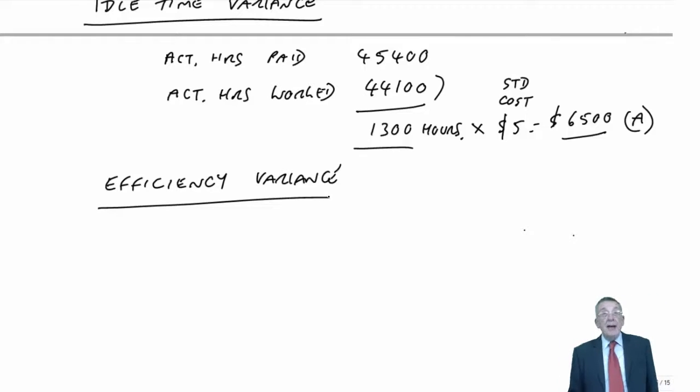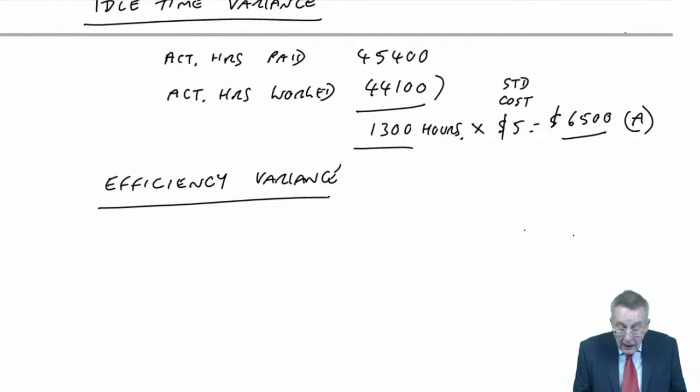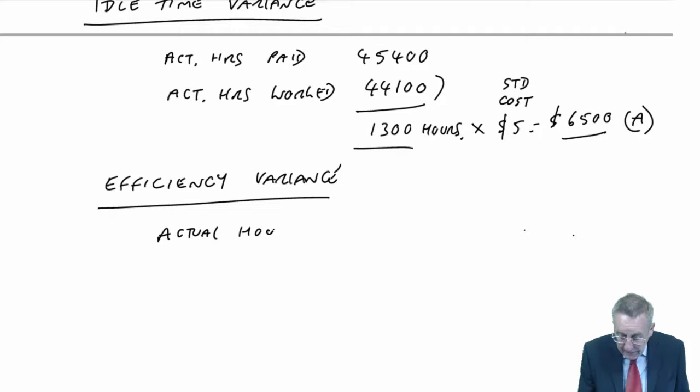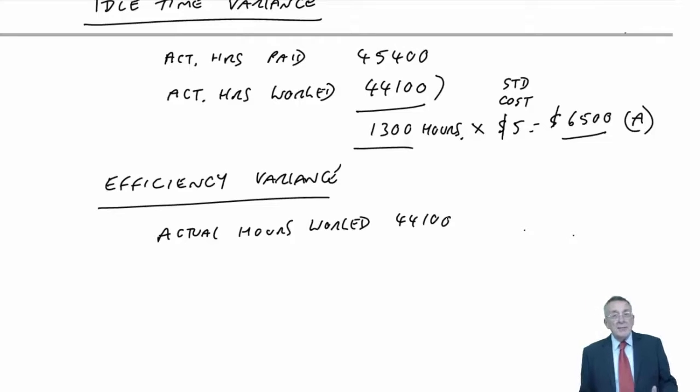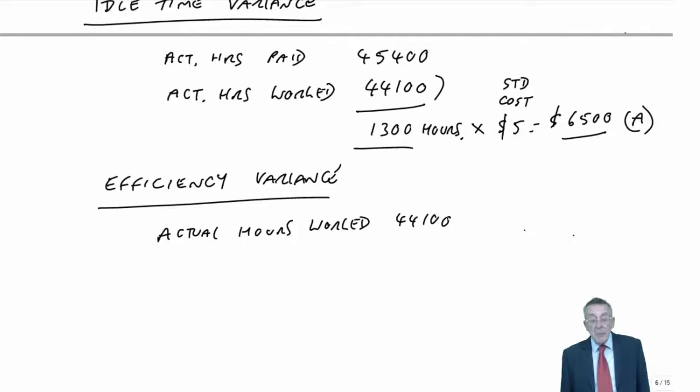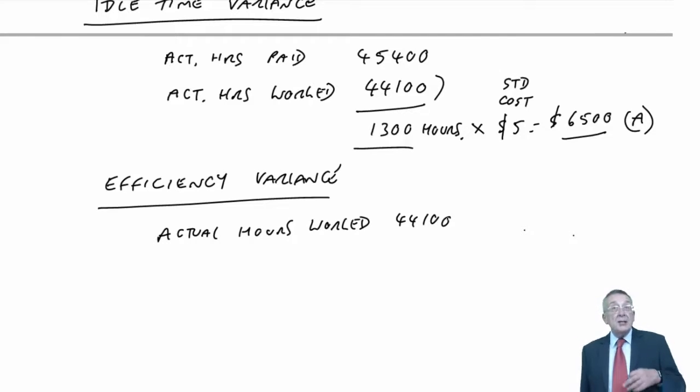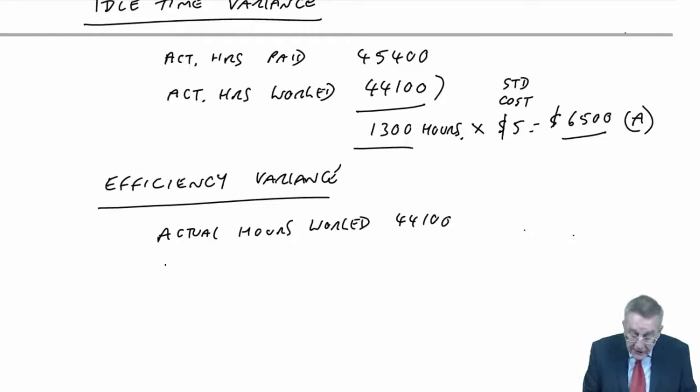For the efficiency variance, we compare the hours they actually worked, which was 44,100, and to see whether they were more or less efficient, whether they took too long or they were faster, we compare it with the hours they should have worked, the standard hours for the actual production.